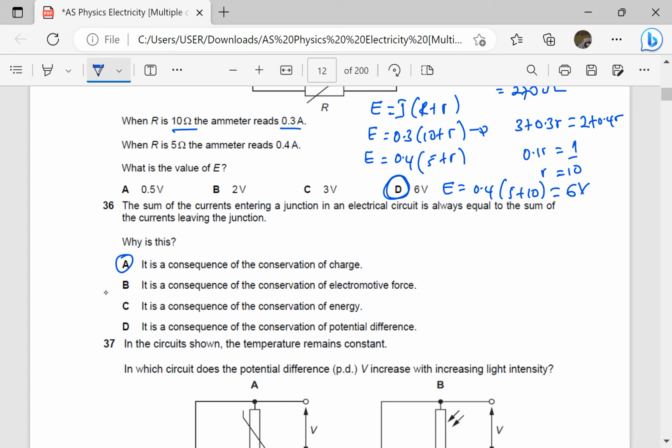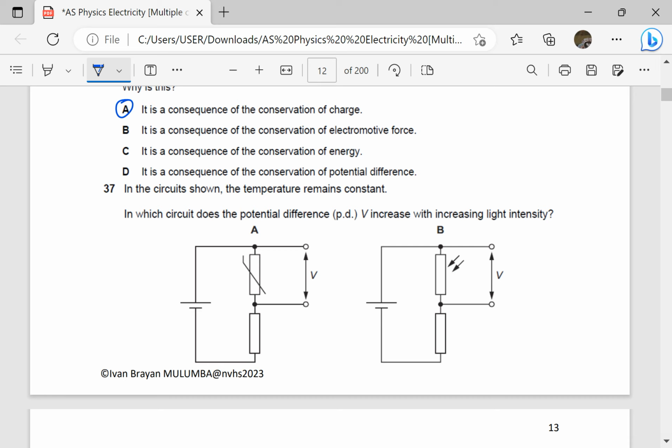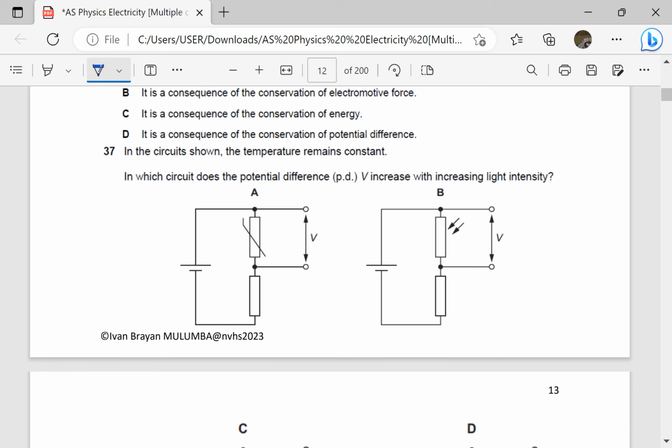In the circuit shown, the temperature remains constant. In which circuit does the potential difference V increase with the increasing light intensity? So here, of course, A is wrong.